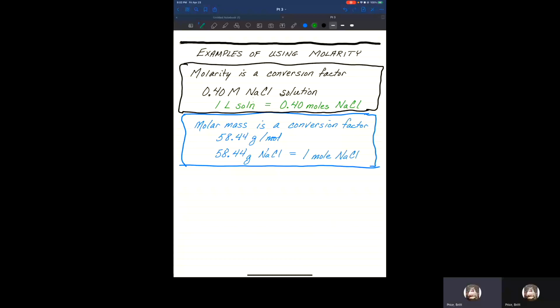So let's do some examples using molarity. So how many grams, actually, let's do this. Let's take it half a step at a time.